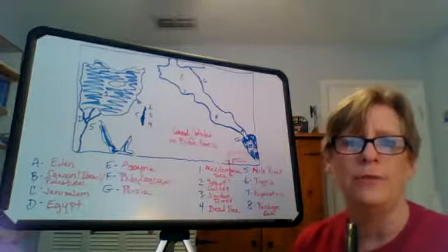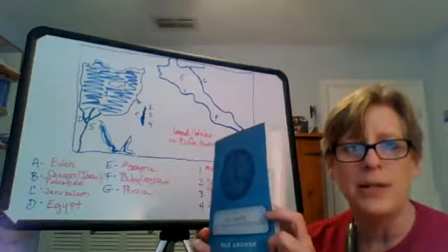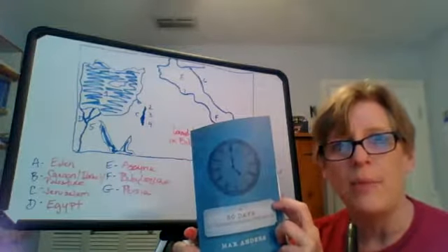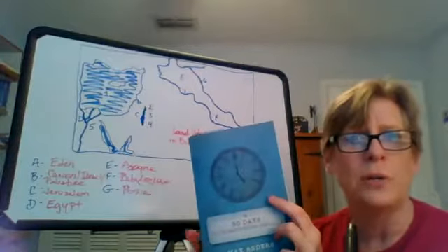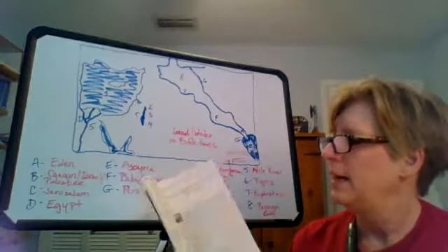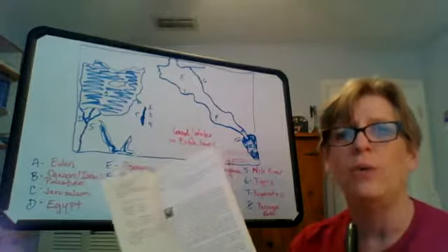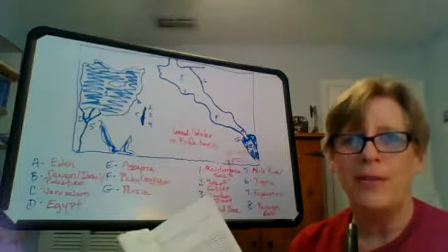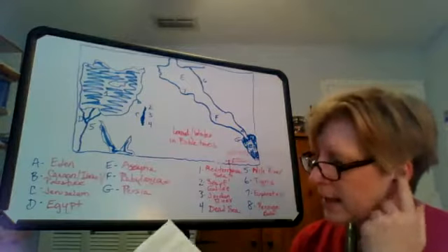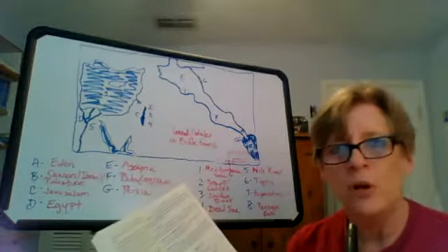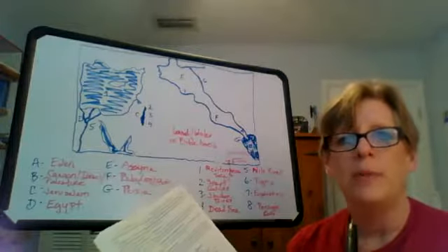If you have not had a chance to buy the book yet, here it is, 30 Days to Understanding the Bible by Max Anders. This is the book that we're going through. And we are on chapter 2, the geography of the Old Testament. And the great thing about this book is that it will take you through a very simple overview of the Bible.